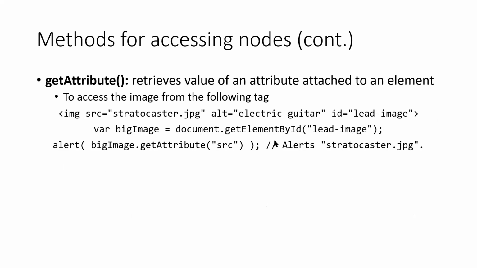So you will get this img src. When you want the value within the src, you can say big image dot get attribute, and here we put the attribute name src. Then it will output the value within this attribute. In this particular case, it will be the image name.